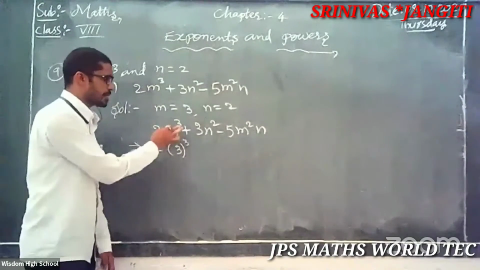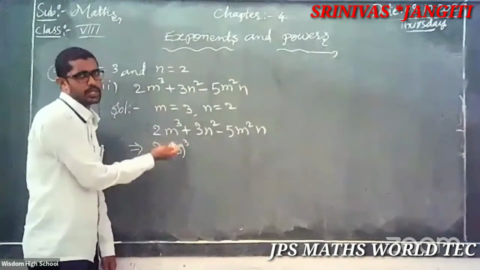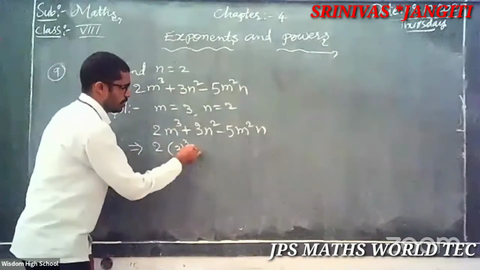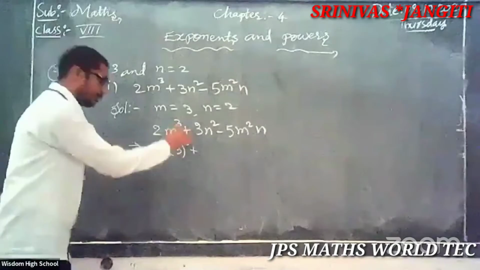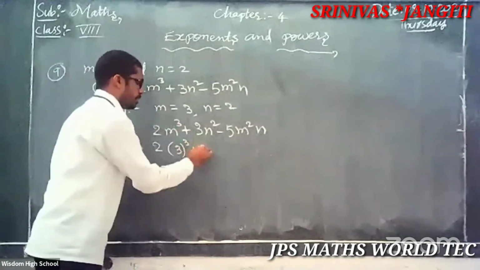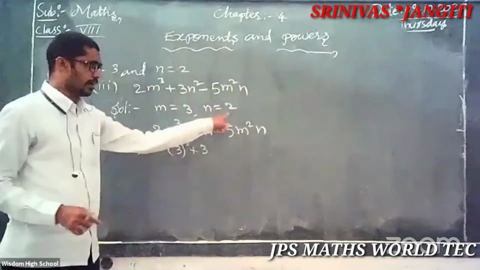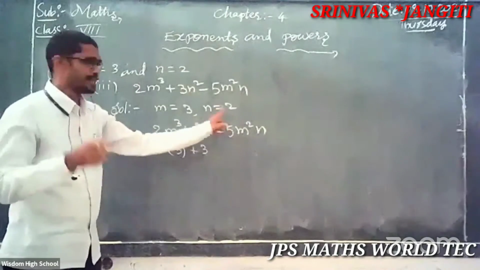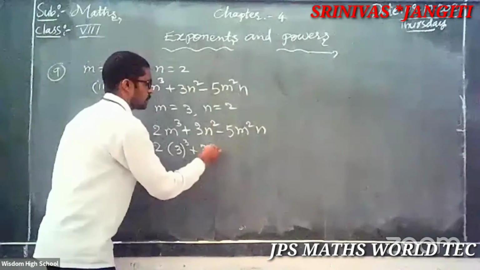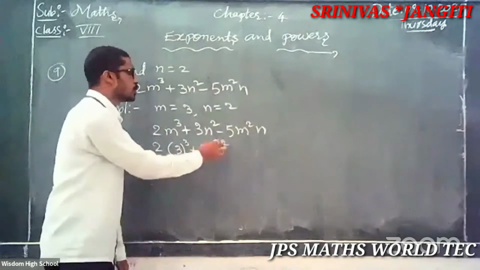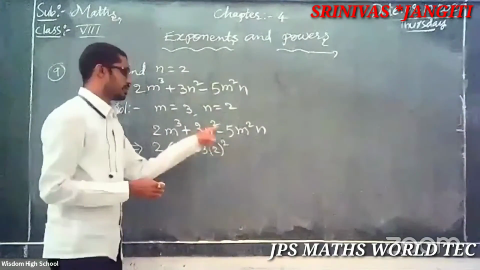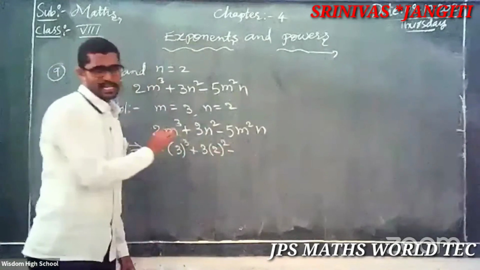The exponent 3 stays above, that's why cube. Then plus 3. What do we substitute for n? Yes, 2. Substitute 2 here. It is squared, so 3 into 2 square. Is it clear?